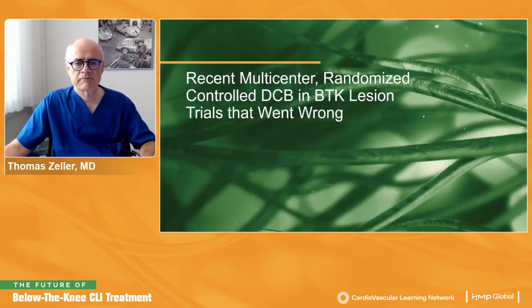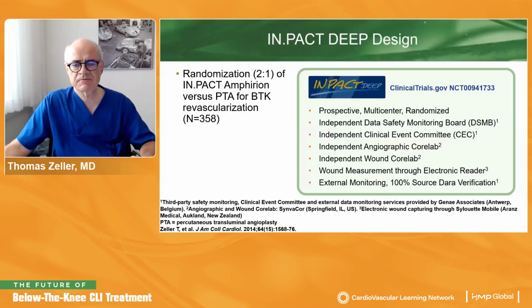First of all, I will guide you through the recent multi-center randomized controlled DCB trials which went wrong in a way that they turned out to be negative in terms of the efficacy of the test treatment, meaning the drug-coated balloon, which was under investigation in those trials.